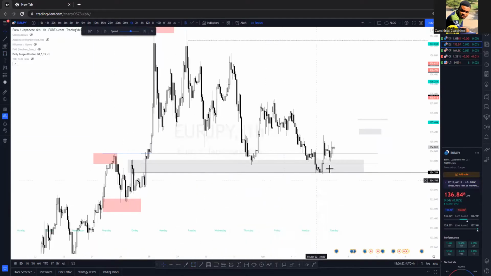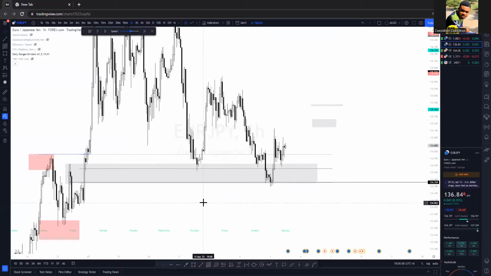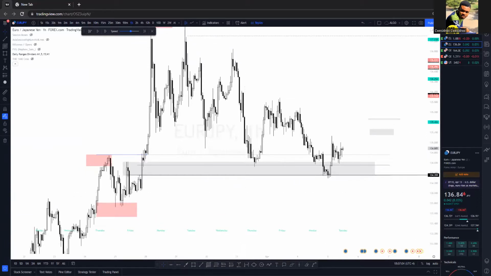So this is how you are going to draw your POI. But you ask yourself, if you draw it like this, where would your stop loss be? Are you getting it? Where would your stop loss be? Because all of this is another block. Price can choose to play this and go. Price can choose to play here 100% and go, right?